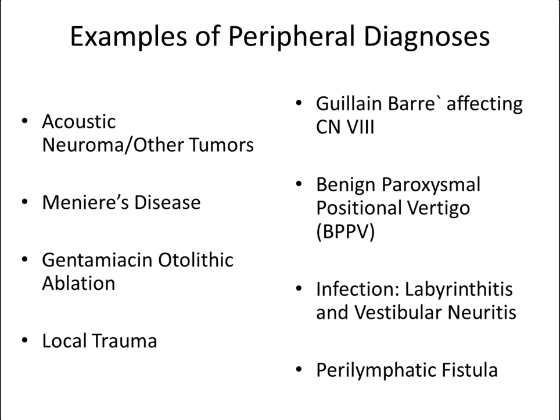It could be due to some sort of local trauma, head trauma. Could be Guillain-Barré at the cranial nerve 8 root entry. Could be BPPV, or it could be some sort of infection resulting in labyrinthitis or vestibular neuritis. Another possibility is something known as a perilymphatic fistula.